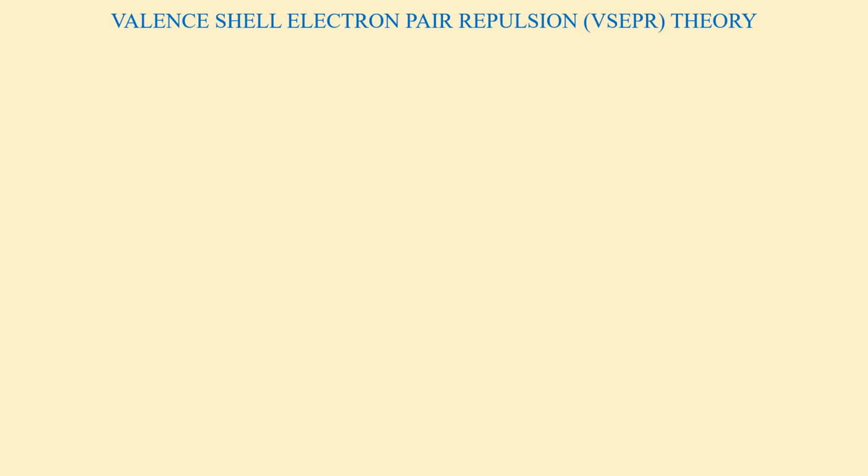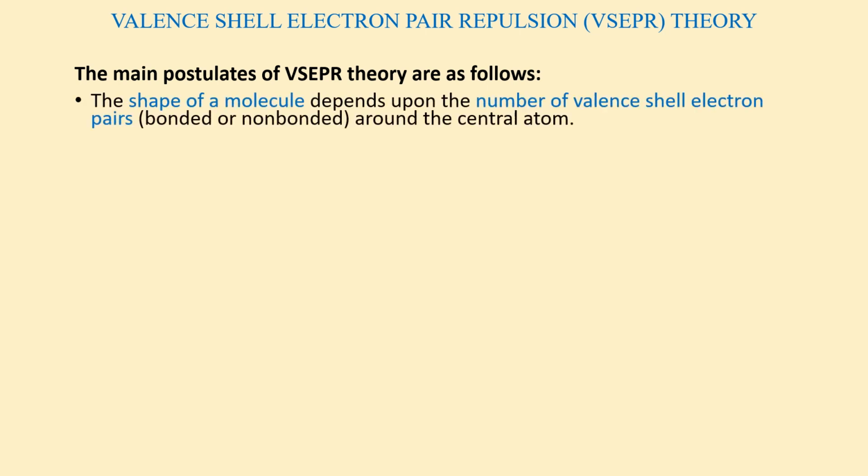Sidgwick and Powell in the year 1940 proposed a simple theory based on the repulsive interactions of the electron pairs in the valence shell of the atom. It was further developed and redefined by Nyholm and Gillespie in the year 1957. The main postulates of VSEPR theory are as follows.